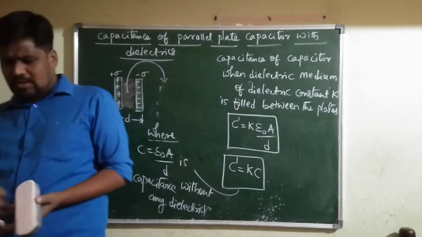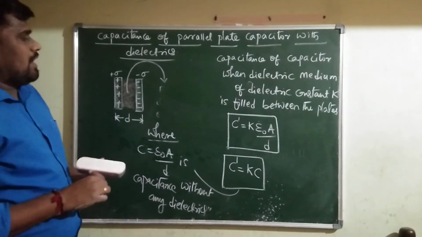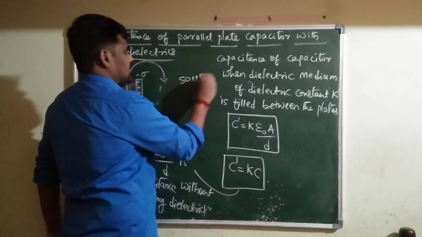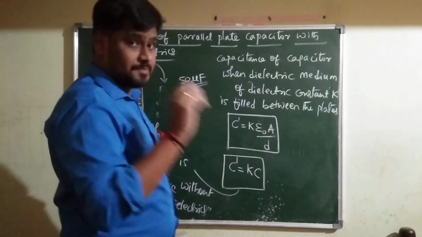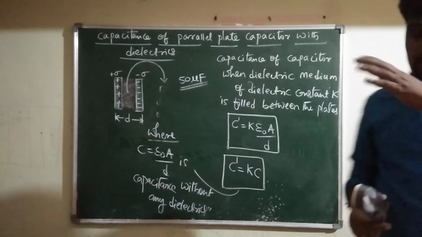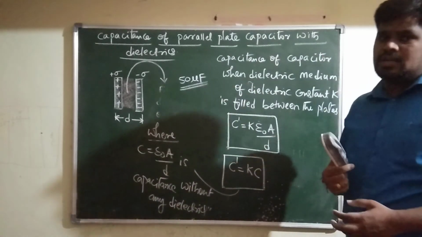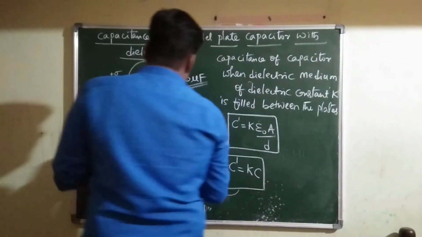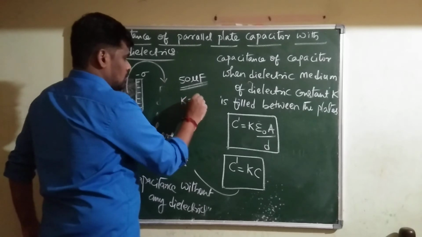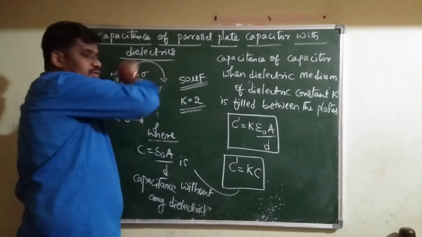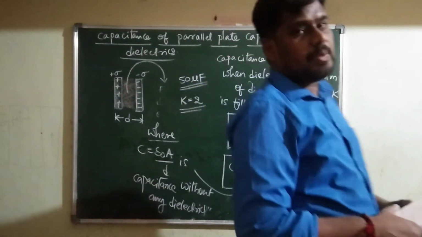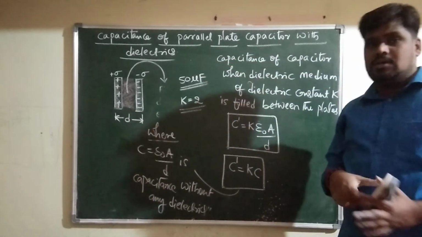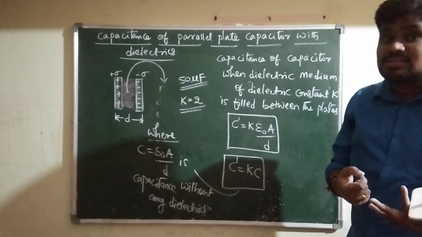For example, imagine you have a parallel plate capacitor of capacitance 50 microfarad. Imagine that I place a dielectric medium of dielectric constant 2 between the plates. Then what happens to the capacitance? As I said, capacitance increases K times the capacitance in air.